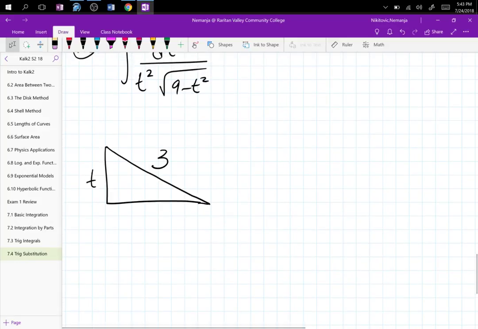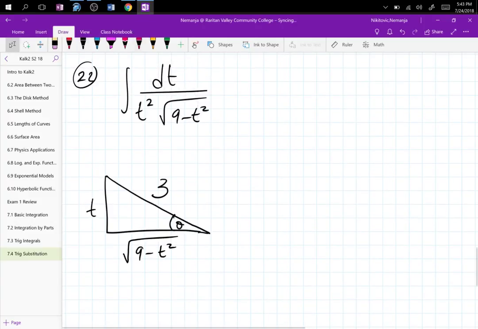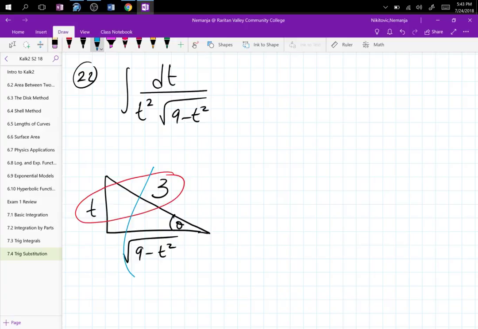And then the square root must be here, because it is c squared minus b squared, right, to get us this. And here's the angle theta. Now I'm going to create two equations, the red one, which will give me t, and the blue one that will give me the square root to replace.